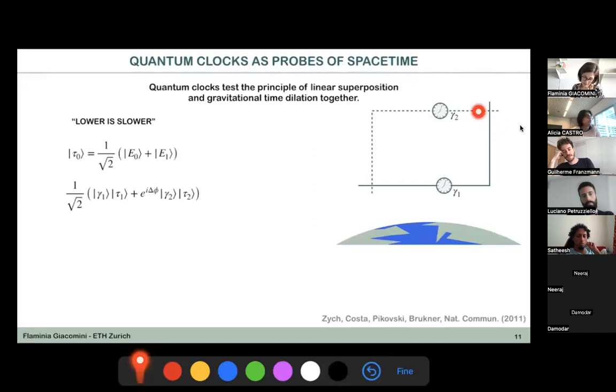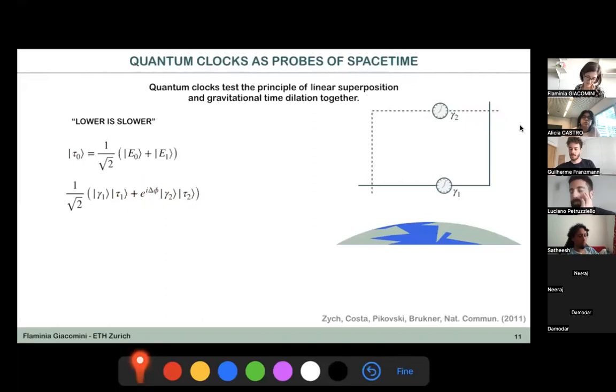At the end of the interferometer, before the final beam splitter that we put here, we have a state that is gamma 1, so the clock having followed the lower trajectory, with some time tau 1, and a relative phase gamma 2, tau 2, which is the time the clock tells just before the final beam splitter.